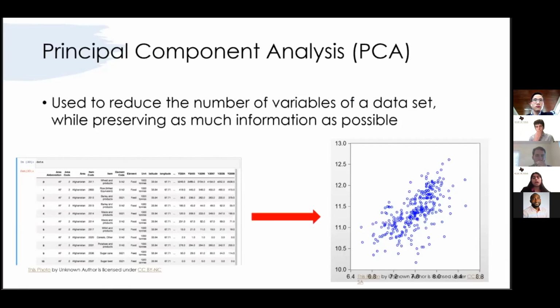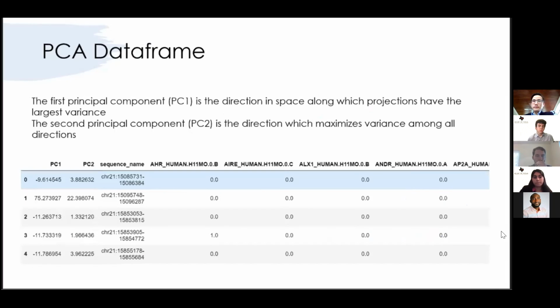In simpler terms, PCA is used to reduce the number of variables of a large data set while still preserving as much information as possible. So we go from a data set like the previous ones that I showed you to something similar to a scatter plot. First we created a PCA data frame, and we used the sklearn library in pandas to calculate our PCA.